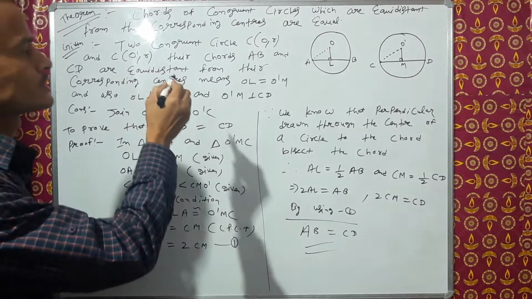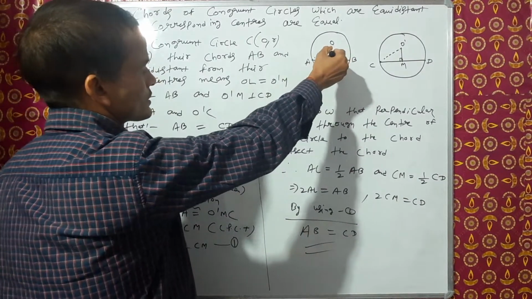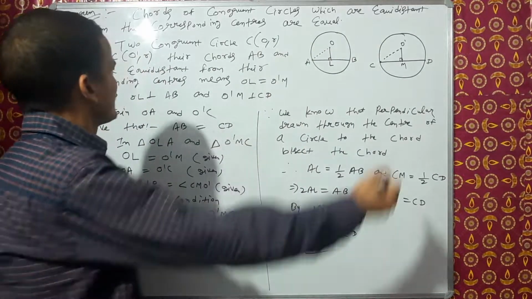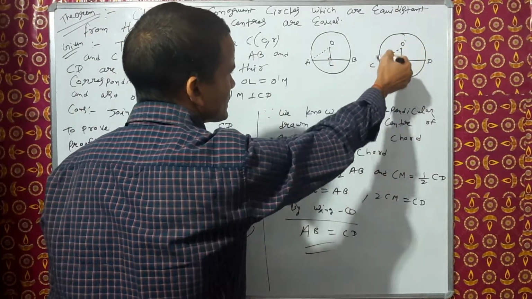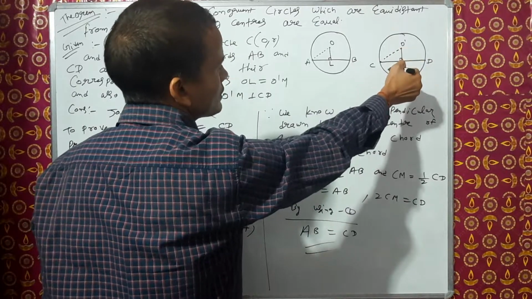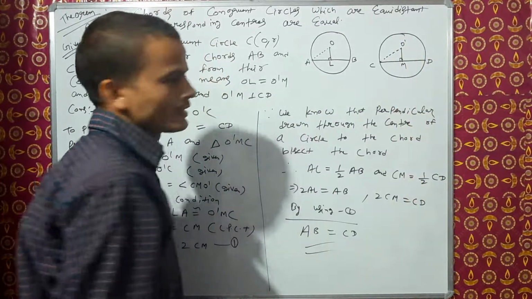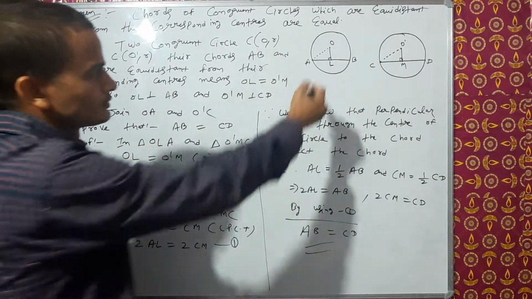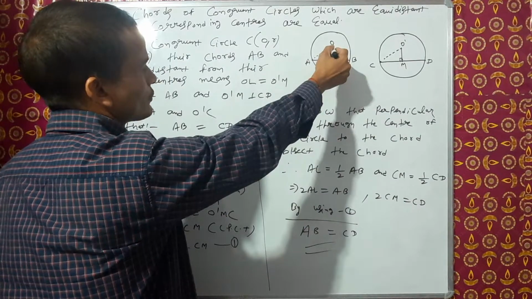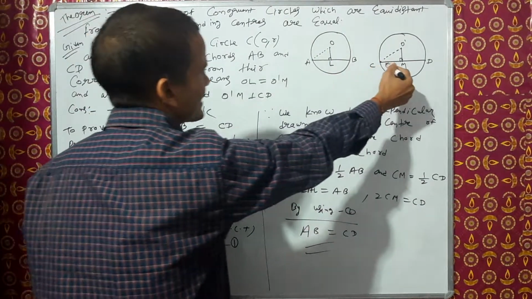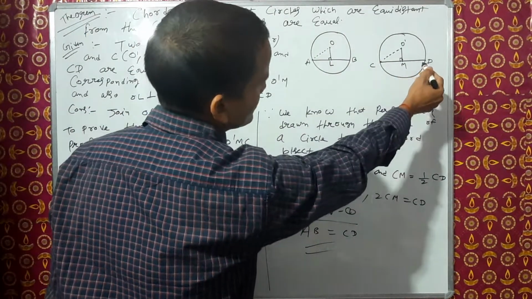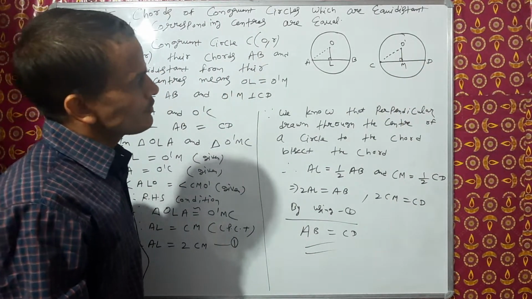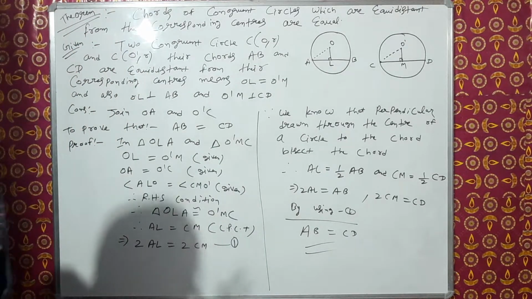So this is a circle with center O and radius R, and this is a circle with center O dash and radius R, and AB is the chord of the circle with center O, and CD is the chord of the circle with center O dash, and they are equidistant from their centers.